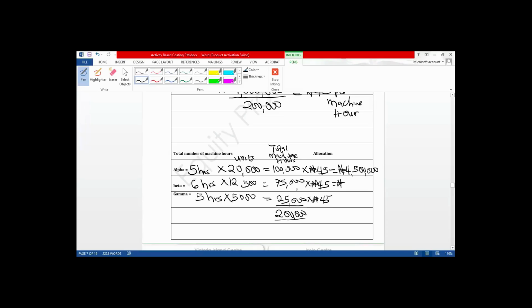Look at it now. 100,000 hours of machine is used for Alpha, and we said 45 naira per machine hour. I'm going to allocate 4.5 million to Alpha.